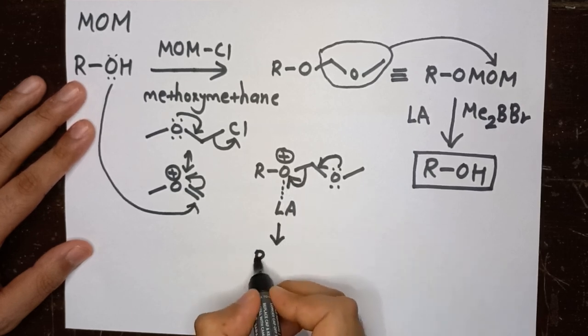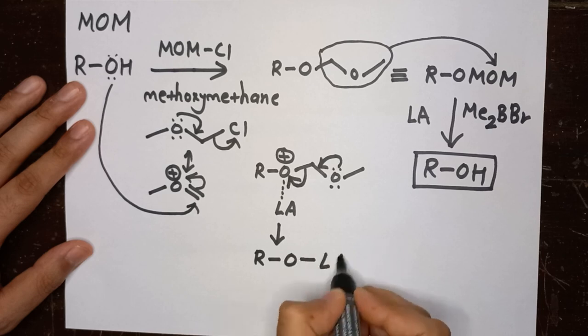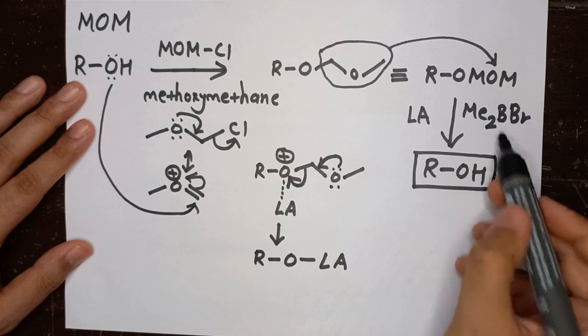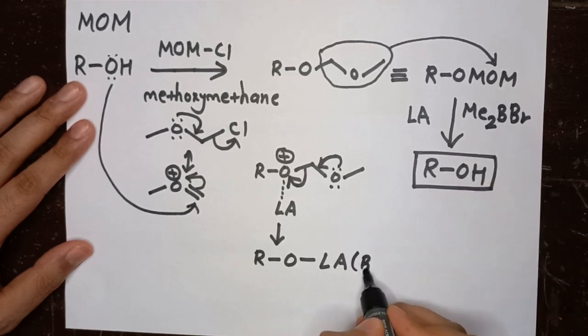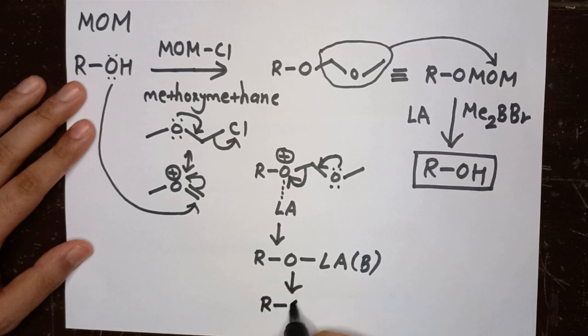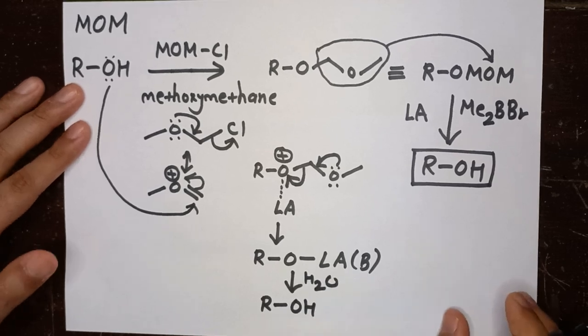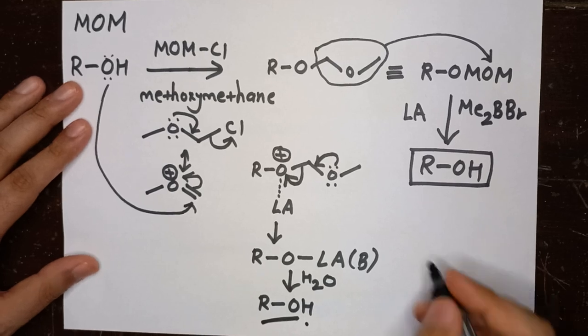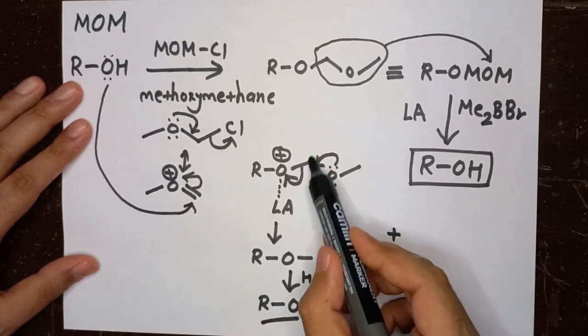So you have now RO Lewis acid, any Lewis acid, any metal attached here. Here it will be boron, okay, and then this can be further hydrolyzed back into your deprotected product. And what is the byproduct? So this one is the byproduct.